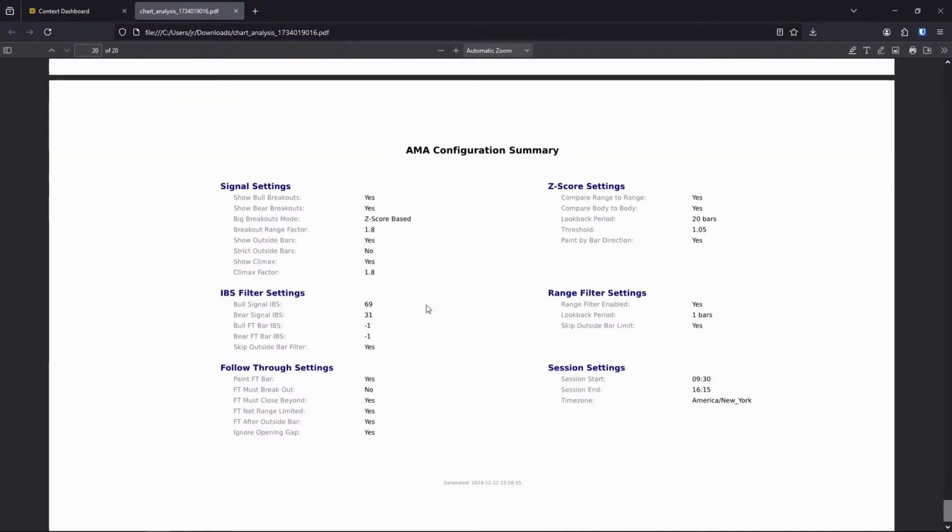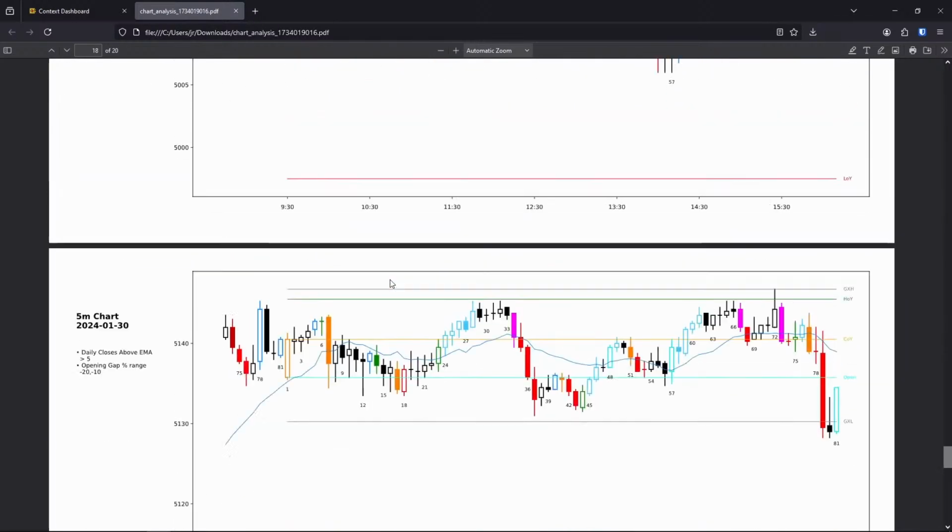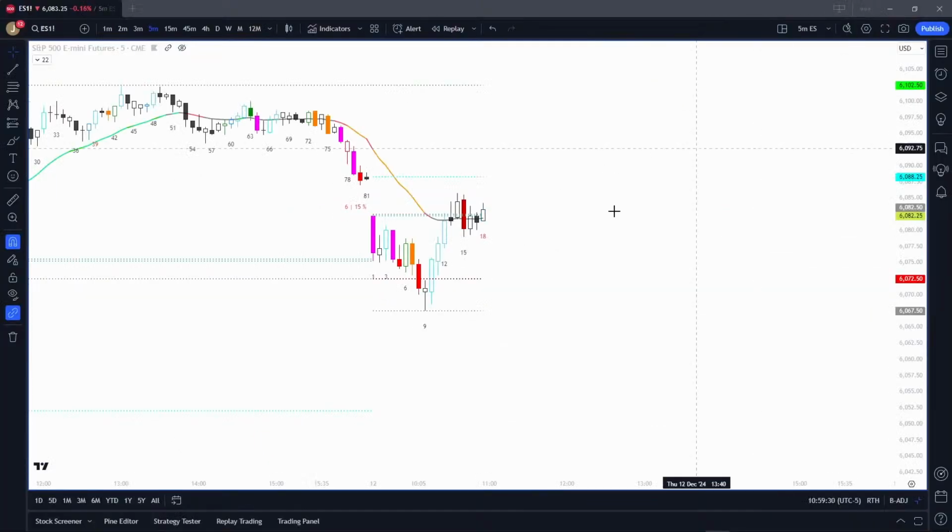Okay, and then we have all of our configuration settings. So the point is that on the open, now let's go back to our chart. When we get this bar closing here, having gone through 35 charts quickly, that gives us some of the highest value inputs for understanding what the day type will likely develop as.